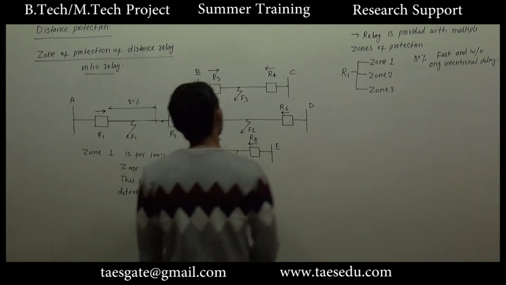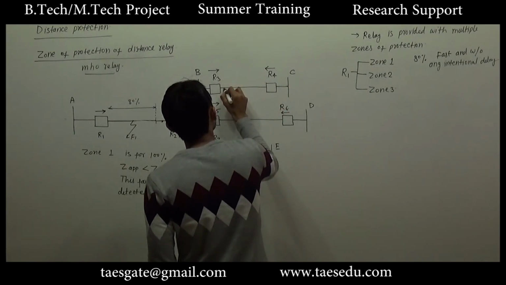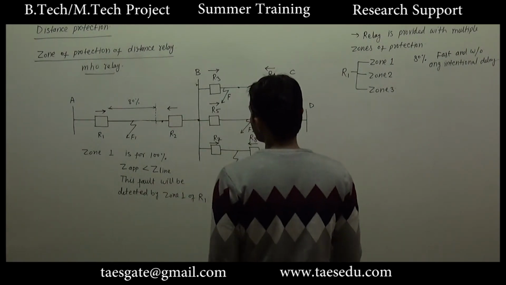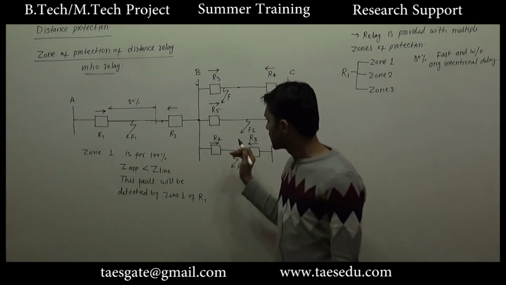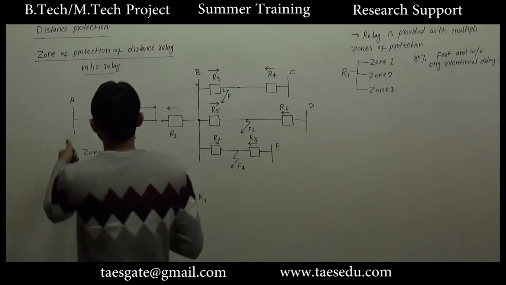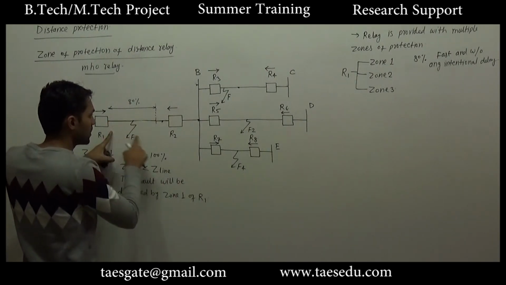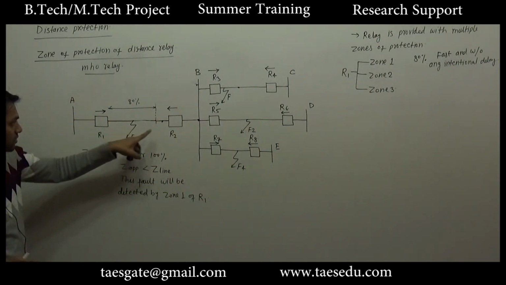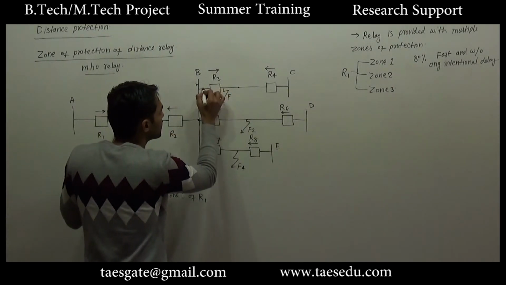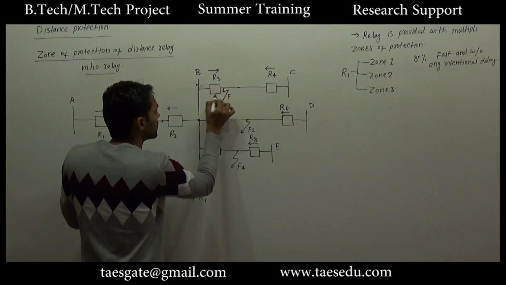Now let us consider a fault that occurs near bus B, just to the right side of bus B. If a fault occurs at this point, what will be the total impedance? If you measure from relay R1, it will give you the 100% impedance of this primary line, and since the fault has occurred near bus B only, there will be a very small additional impedance.